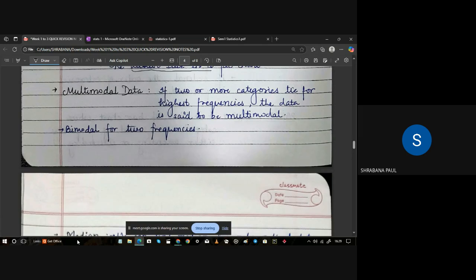What is multimodal data? Do you have any idea of multimodal data? Anyone? Suppose we take the earlier data, where 6 is coming thrice and 4 is also coming thrice, so 6 and 4 both would be the mode. I'm talking about multimodal data.